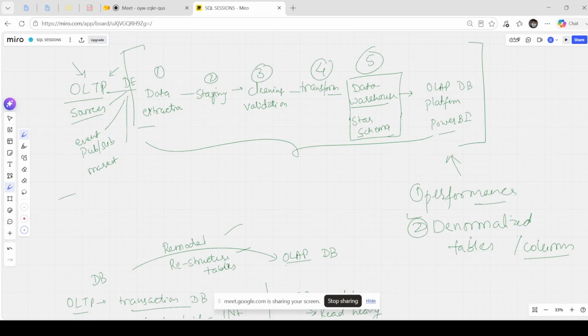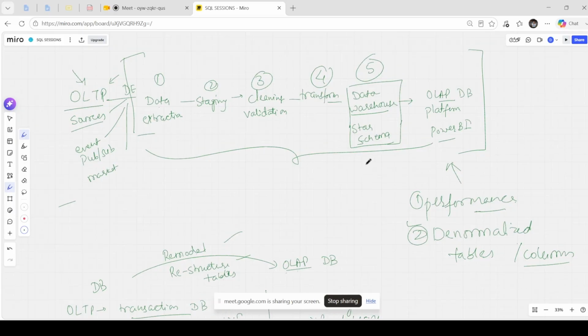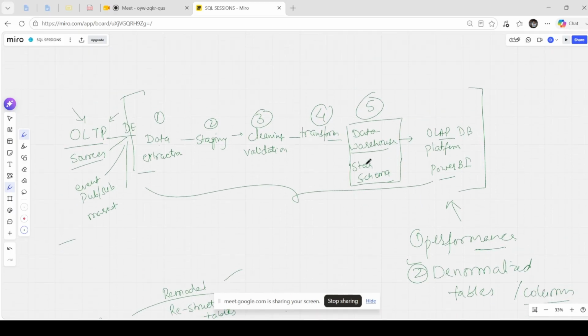It's okay to have denormalized tables in OLAP, but here we strictly say please go ahead with normalized tables only. So before you start with your work as a data engineer, you have to sit together with your team and decide on this part, right? You have to decide the modeling of your OLAP database, the tables and the columns that you're going to have based on the original tables and columns, right?